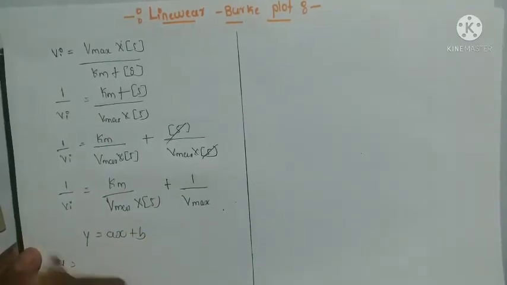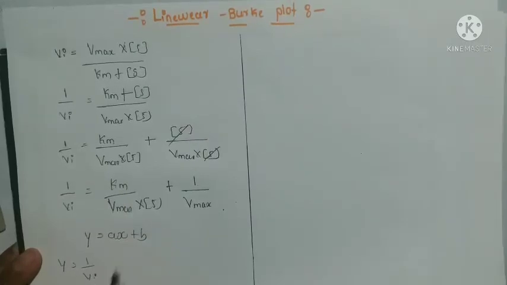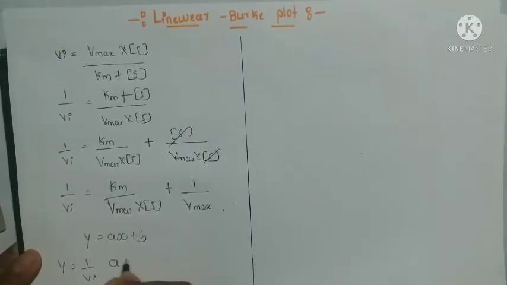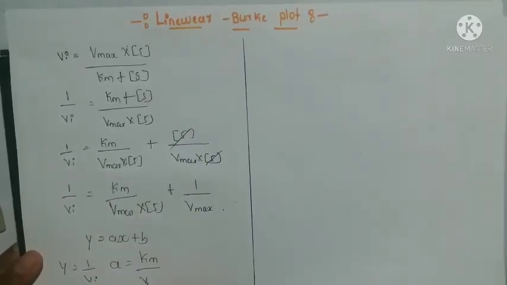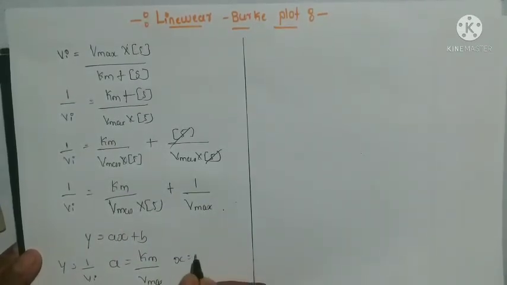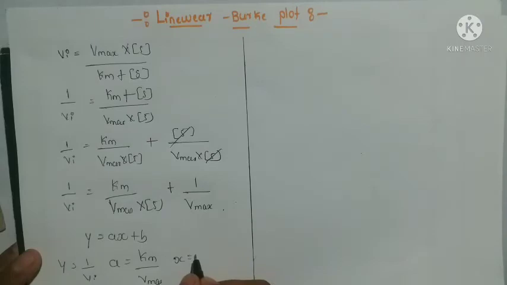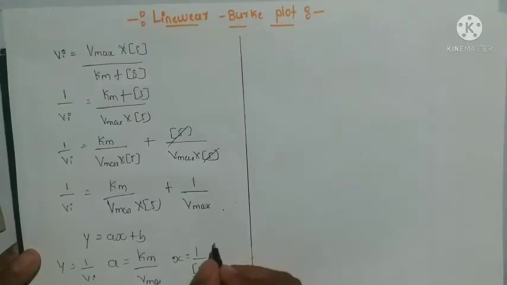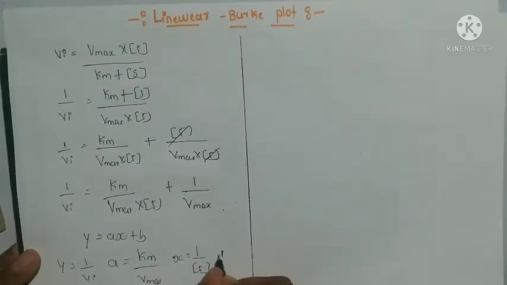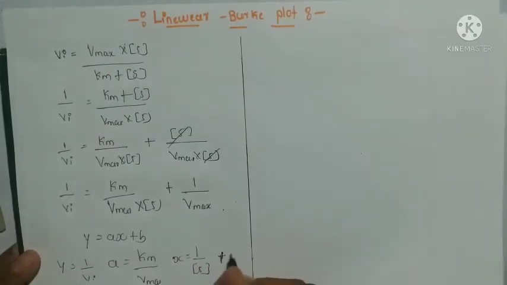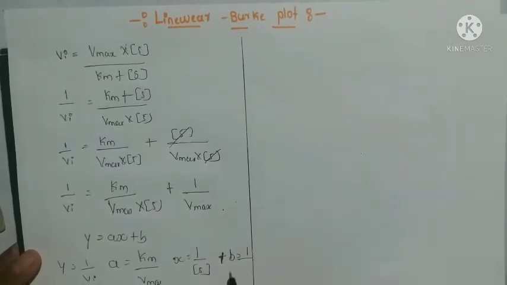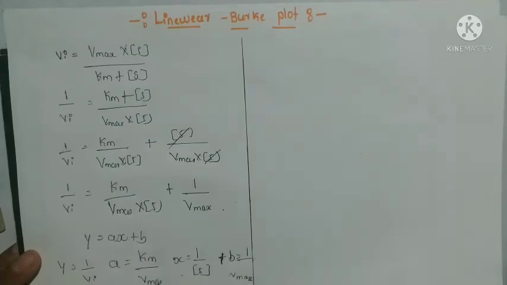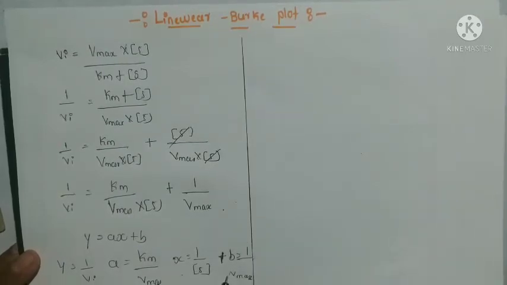Here y is 1 by initial velocity, a is Km by V max, x is 1 by substrate, and b is 1 by V max.